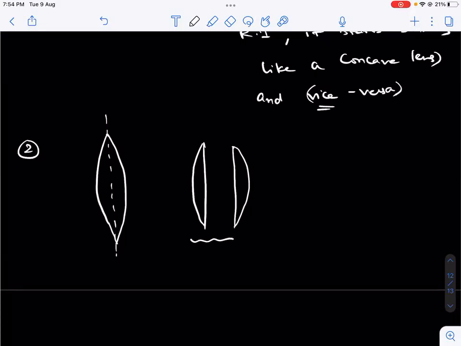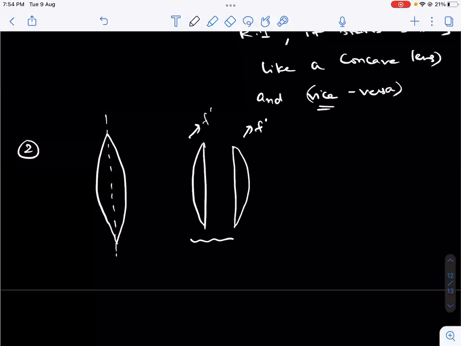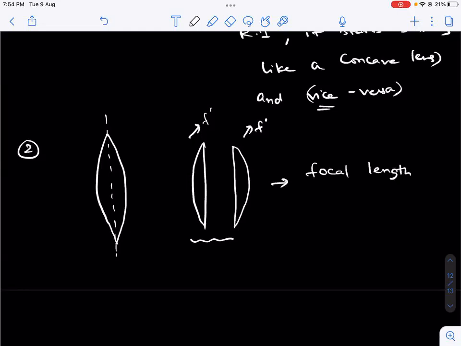What will happen to the new focal length? So f dash and f dash will change. So the focal length changes. Are you accepting this?